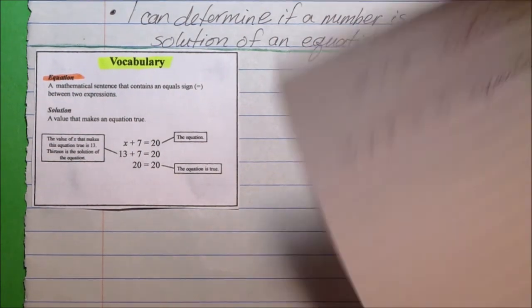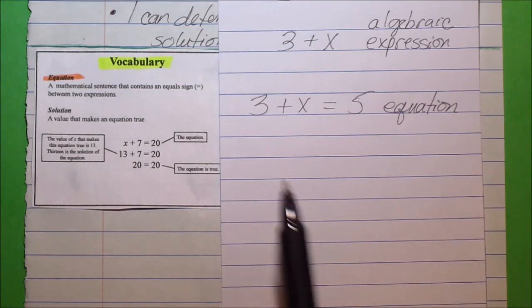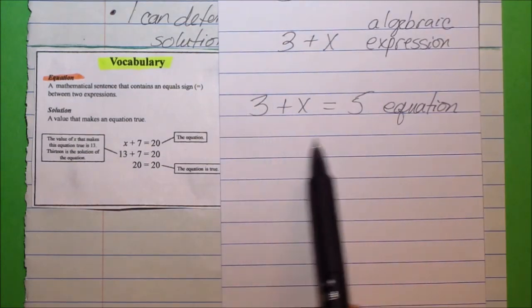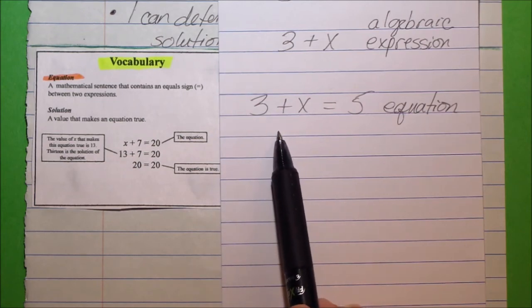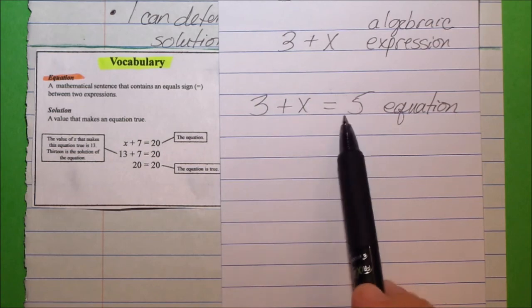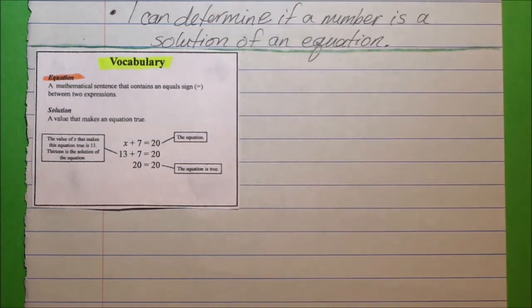And that's exactly what we were talking about right here, right? It's a mathematical sentence. This whole thing is a mathematical sentence that contains an equal sign between two expressions, one here and one here. That's the definition of an equation, all right?